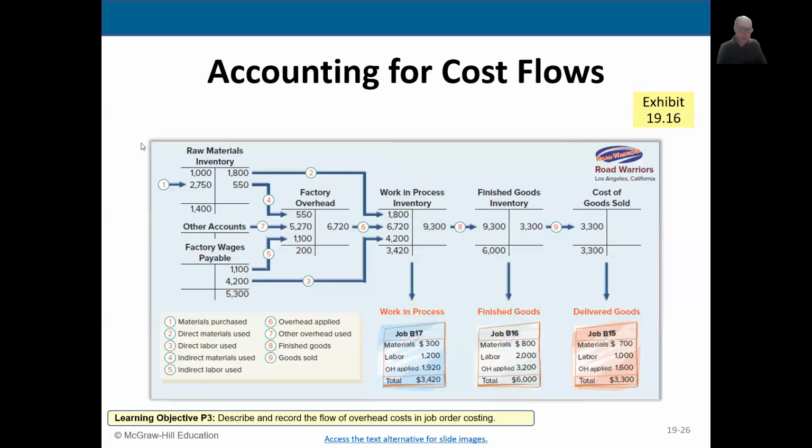So we can see exactly the physical flow of those costs, right? Materials purchased, and then of course materials being used, wages incurred as for direct labor, and of course factory overhead application, etc. Shows us the physical flow.